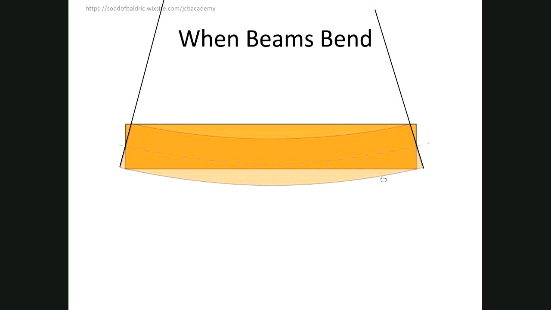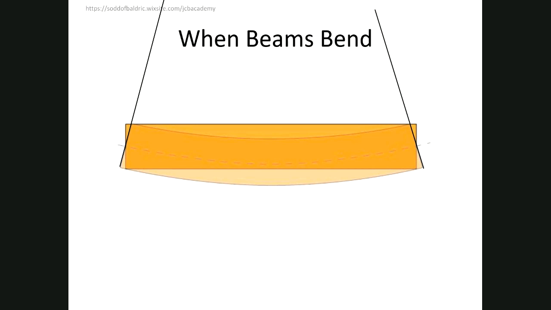The top edge, that will be the minimum radius of curvature of my beam. Okay, so this will be the minimum radius it bends.